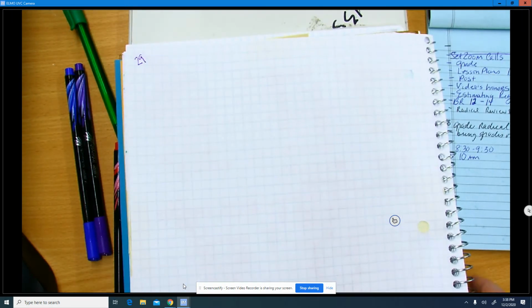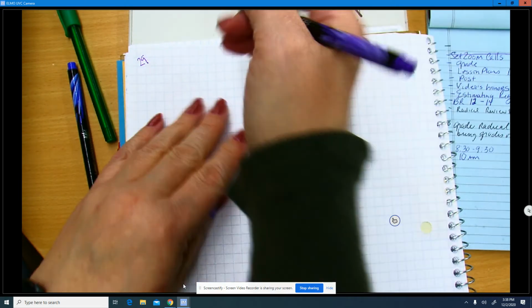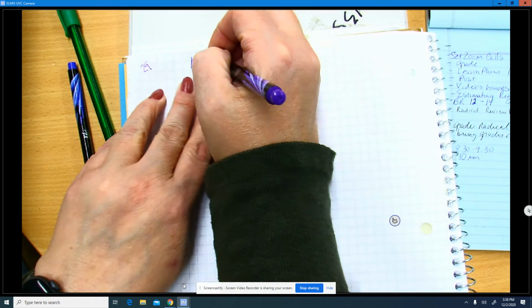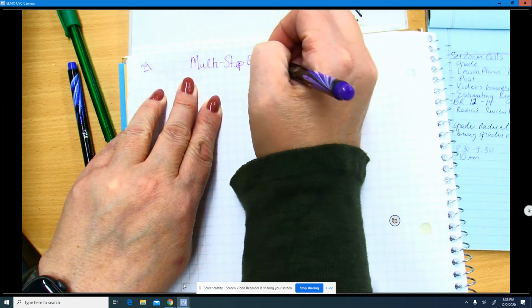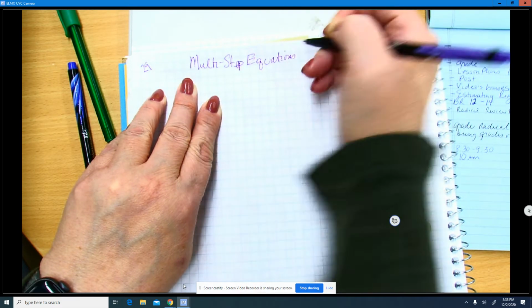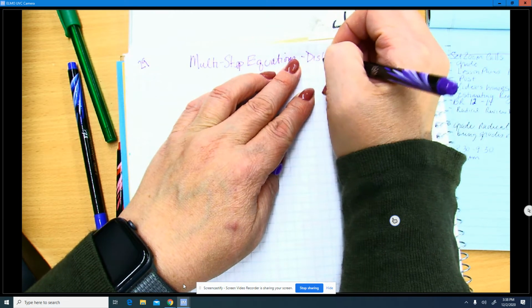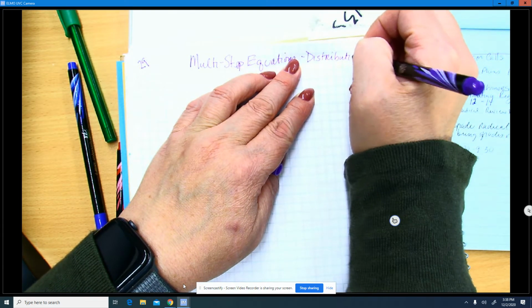Okay, so page 29. Multi-step equations. Distributive property.